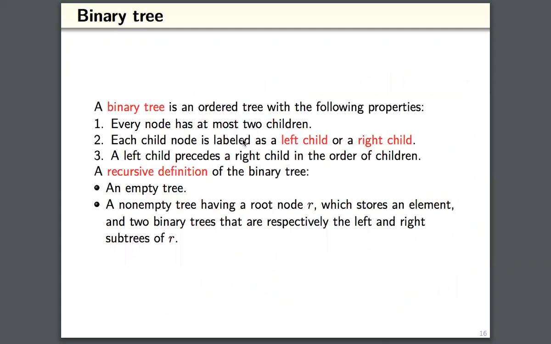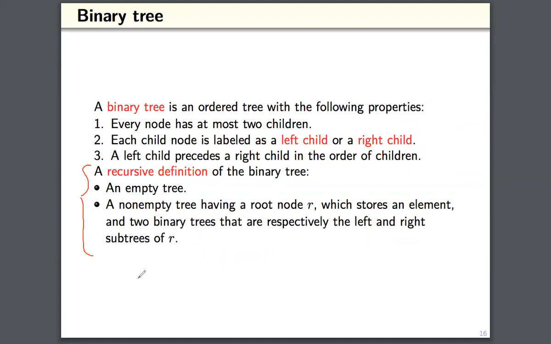Next, we define binary tree. What is a binary tree? Let's go for the recursive definition, right? So we said that we have an implicitly recursive data structure, right? It will be easier to see this definition. Let's see, what is a binary tree? A binary tree is defined like this.